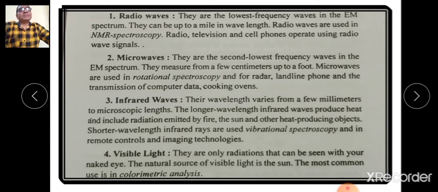They are V, I, B, G, Y, O, R. Thus, red color is having more wavelength, while violet is having less wavelength. Visible light is specially used in the colorimetric analysis.